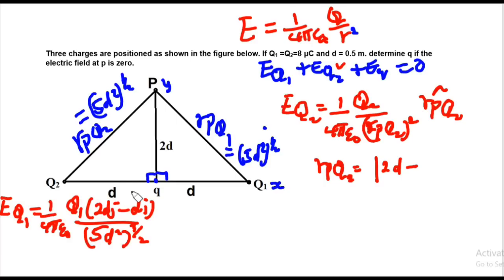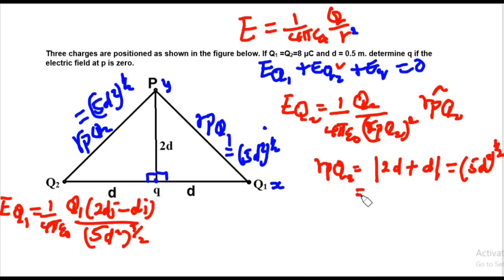This is negative x, so plus D, the modulus of this, which we've gotten from Pythagoras rule to be 5D square to the power of half.